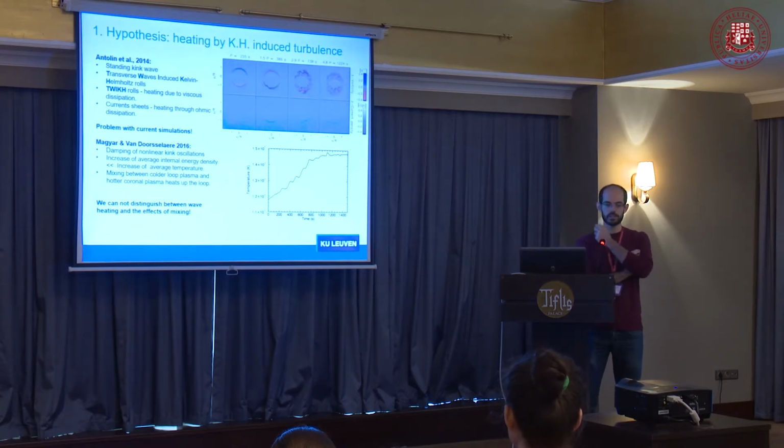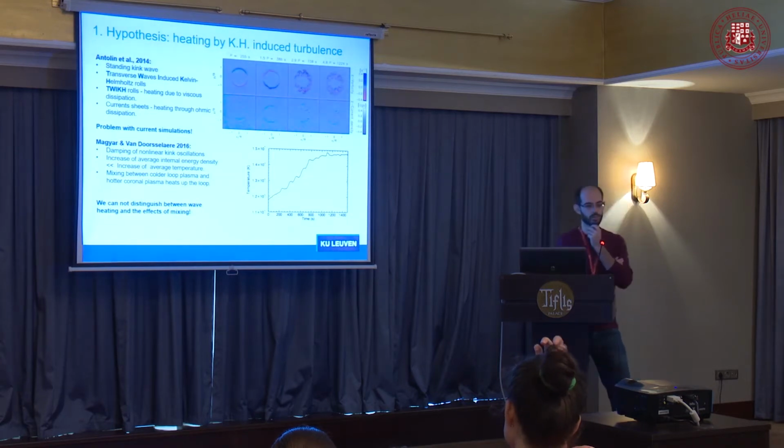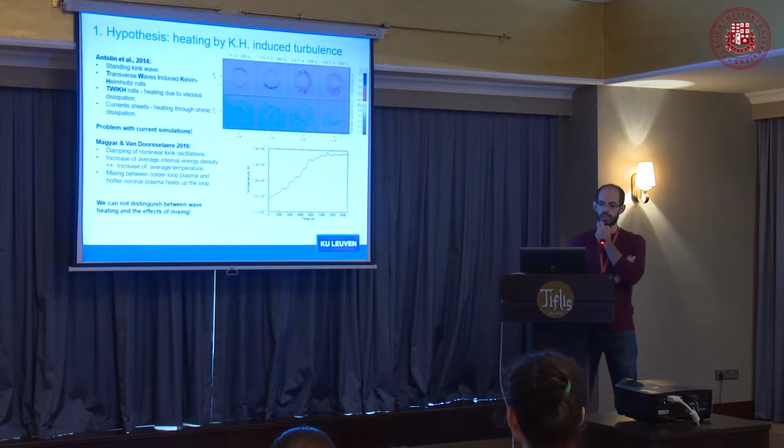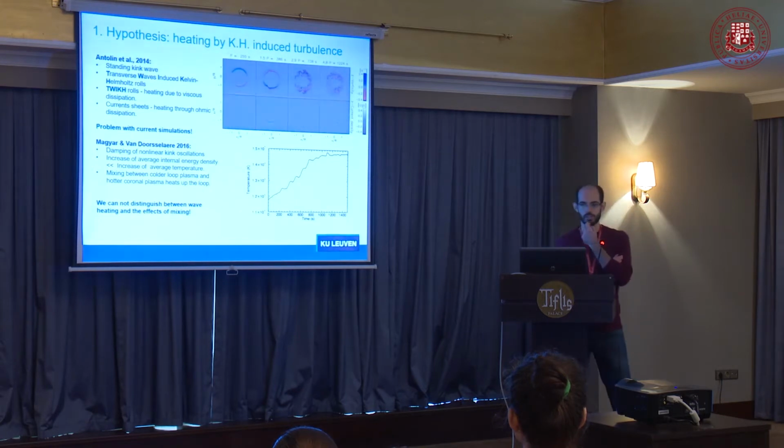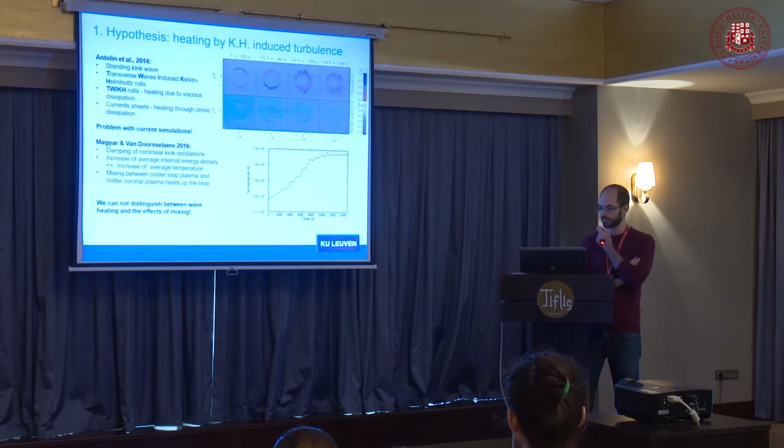By looking at these two, Patrick Antolin et al. suggested that in the vicinity of the TWIKH rolls, viscosity and resistivity would act as the main dissipation mechanisms. So we would have ohmic heating due to the currents developing there, and viscous heating due to all the velocity gradients developing at the TWIKH rolls.